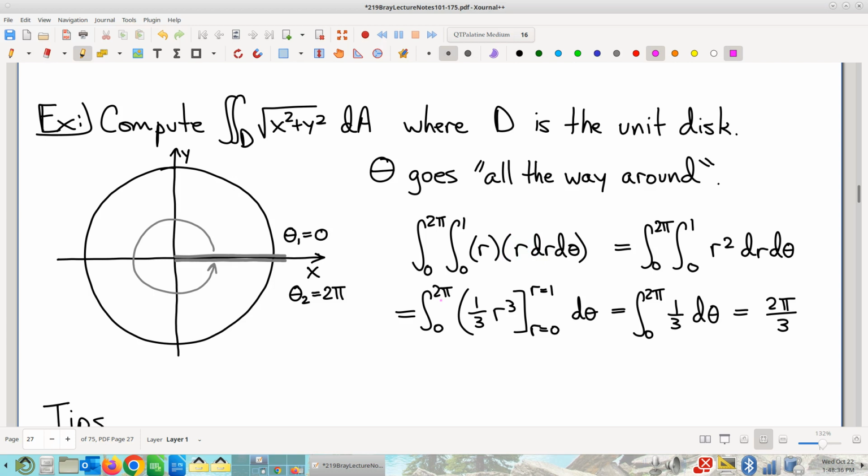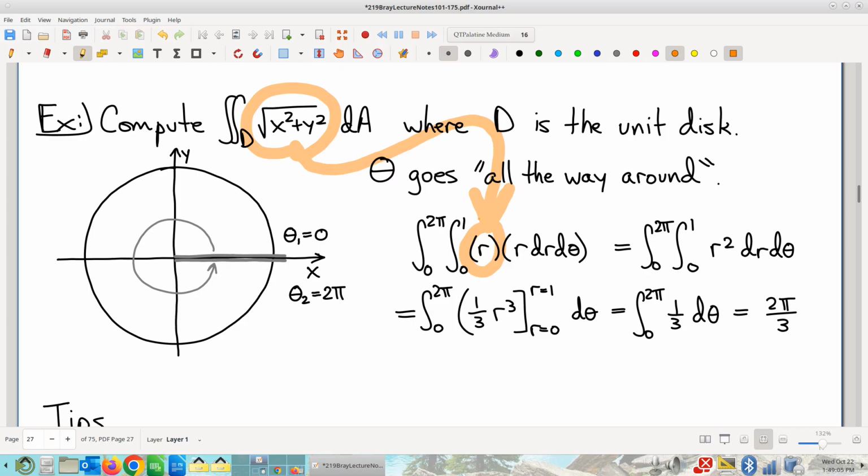Okay, also, don't forget to convert the integrand. I keep missing, see my hand is in the way as I do this. So don't forget to convert the integrand, the prior integrand. So now again, you can, I suppose, plug in x equals r cosine theta and y equals r sine theta. Or you can remember that we already know what the square root of x squared plus y squared is and save yourself the trouble.